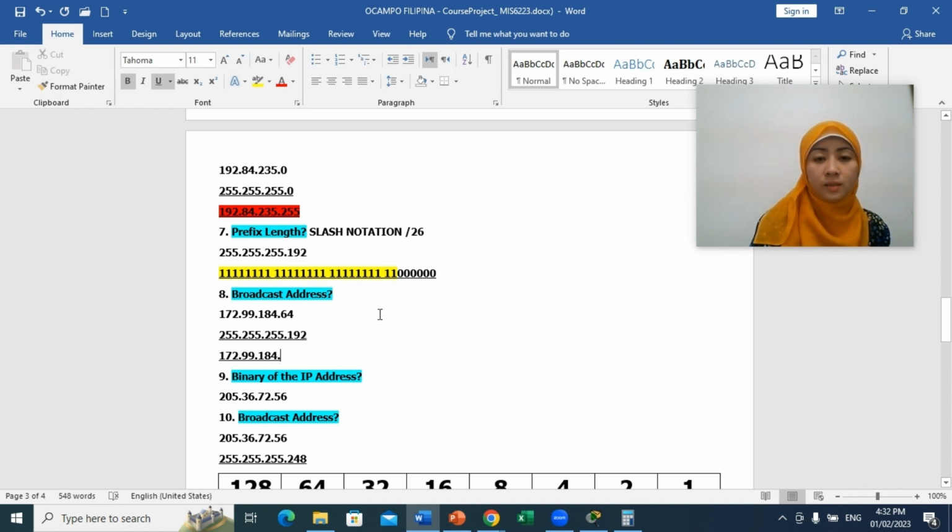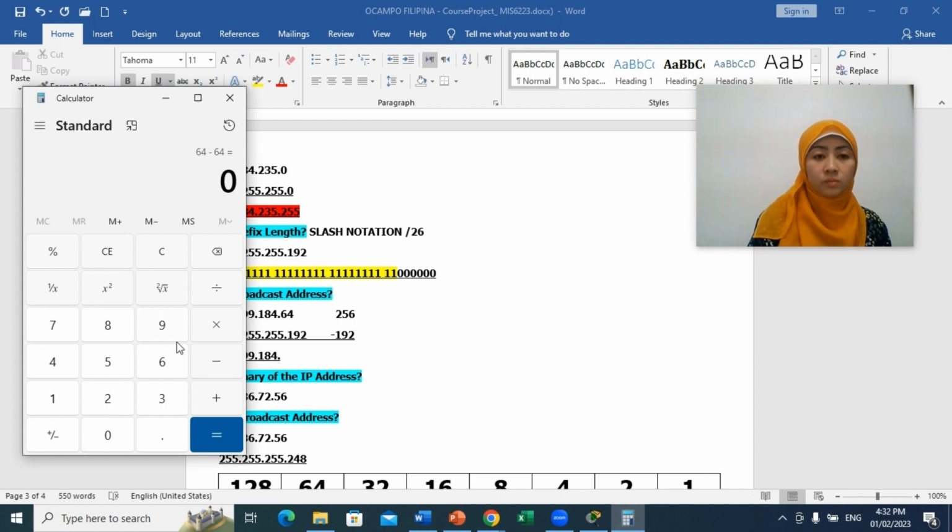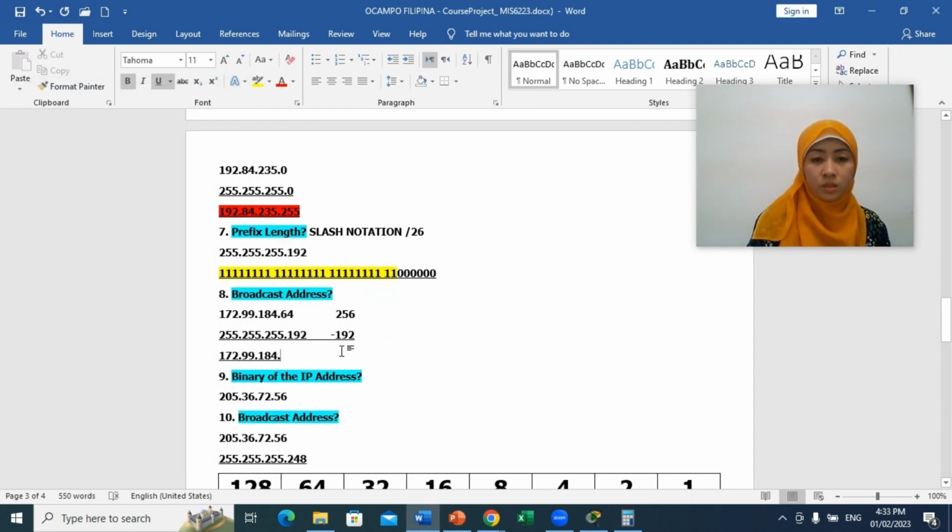So to do that, we will do 256 minus 192. So 256 minus 192 is equal to 64.